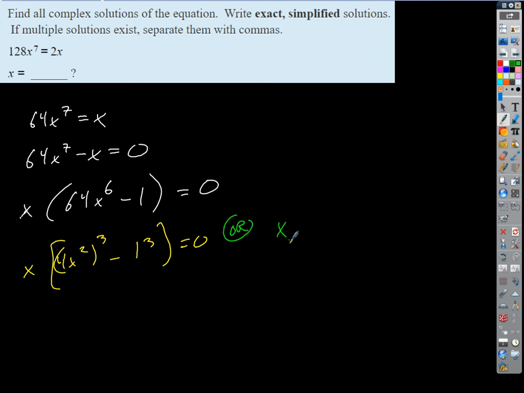We could think of this as being 8x cubed squared minus 1 squared, right?